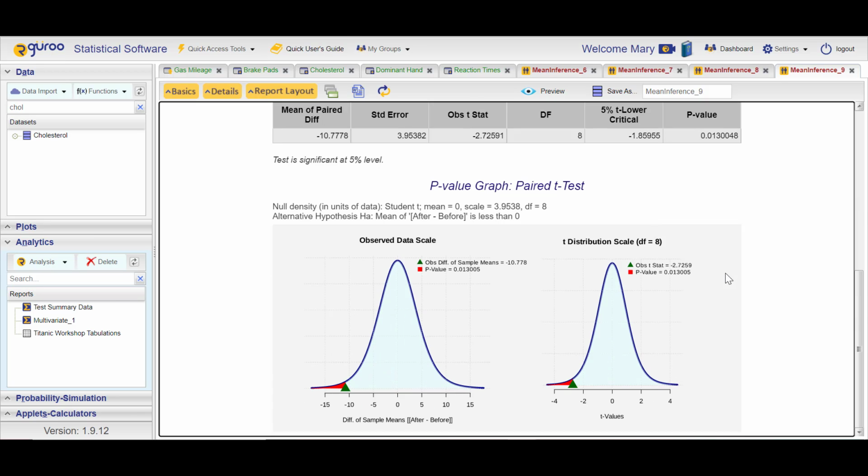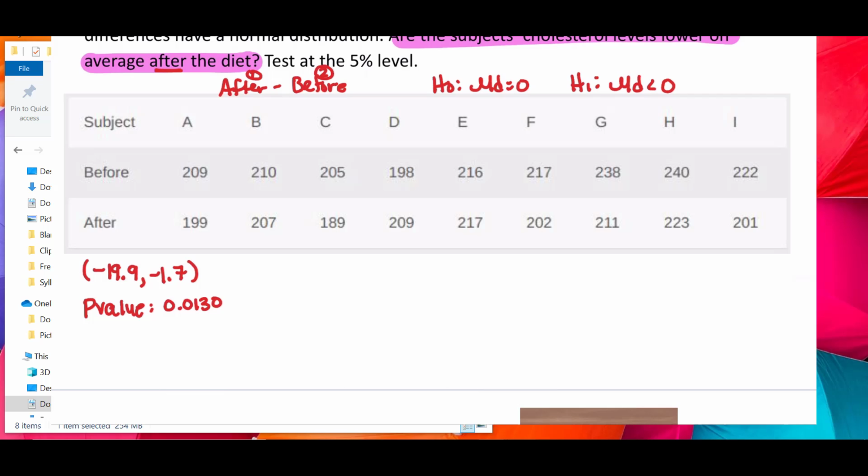And there's the graph if you want to see that. So we know that our p-value is less than 0.05. So we're going to reject the null. Rejecting this means we have enough evidence to support that claim, that H1.